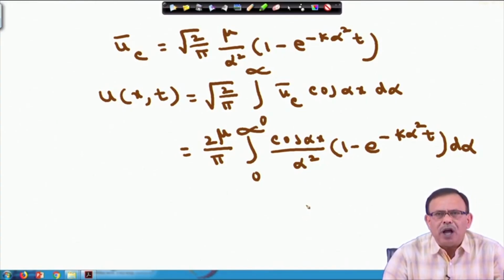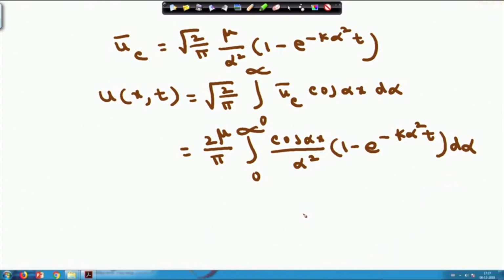So, please note that for finding the solution of a second order PDE using the Fourier cosine transform or Fourier sine or Fourier transform, we have 3 steps. First step is take the Fourier cosine transform with respect to t. Once I am taking the Fourier cosine transform, your given second order PDE will be converted to a first order ODE.